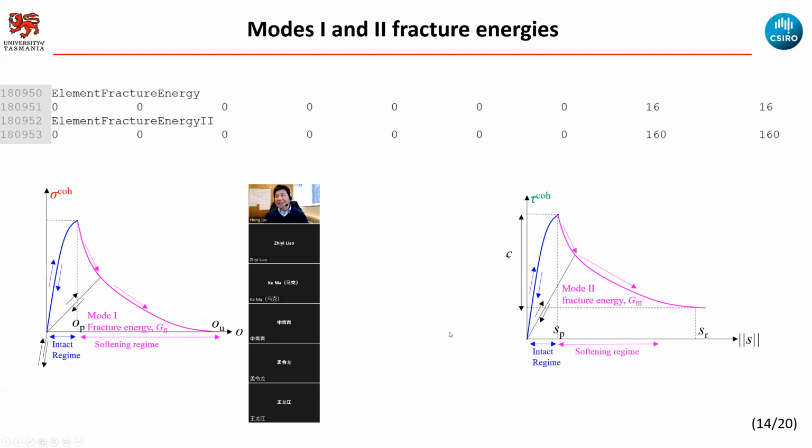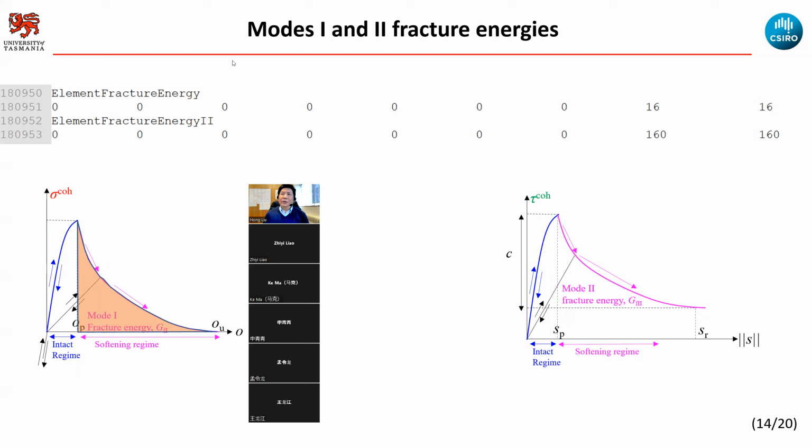If we have mode 2 failure, then it does not go to the bottom, since you will have the current friction here. So for this one, you will have an energy release, which is this one, for mode 1 of the fracture.